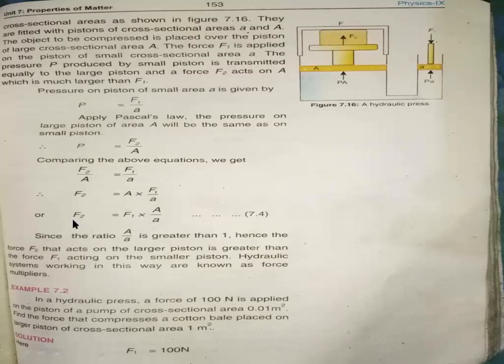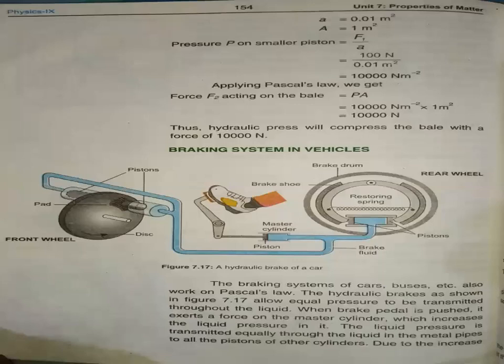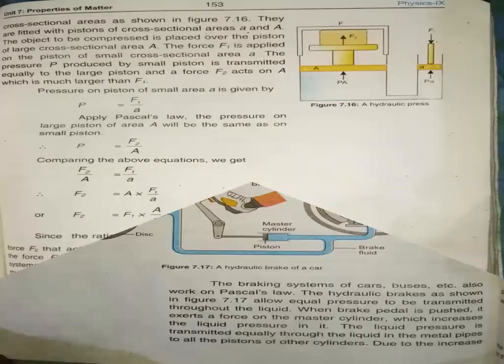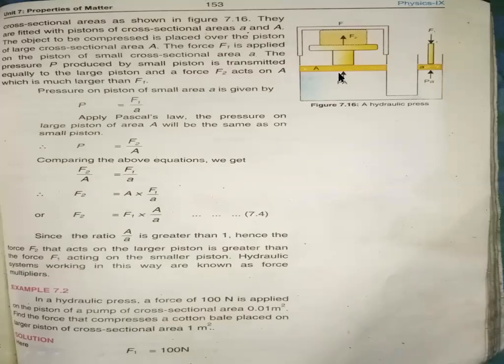You have to remember this, because a small force applied on this piston will generate a greater pressure because of the small area of the smaller piston, and this force can lift the bigger piston due to the larger pressure.